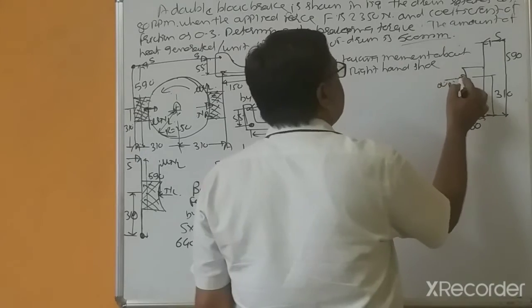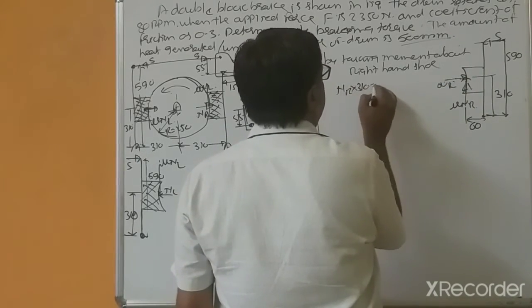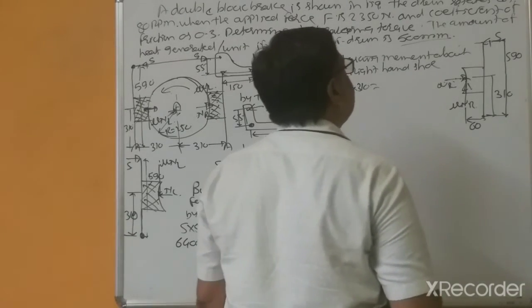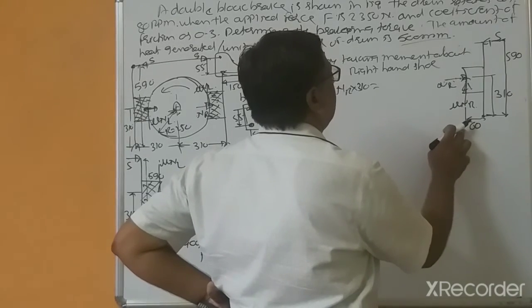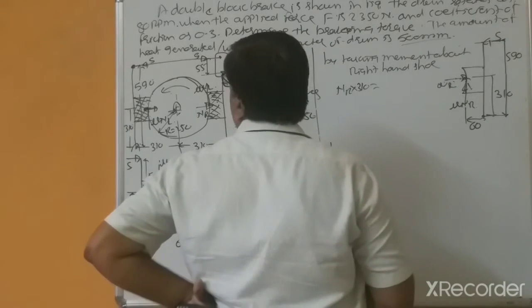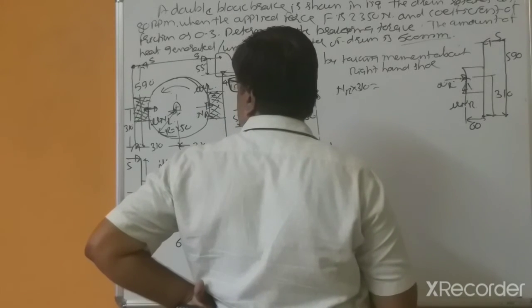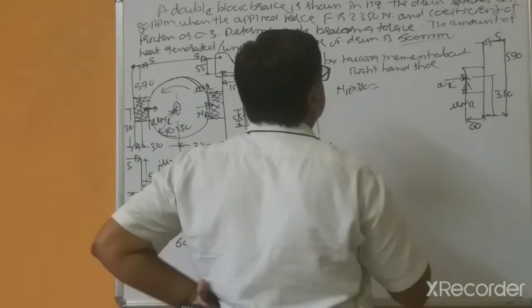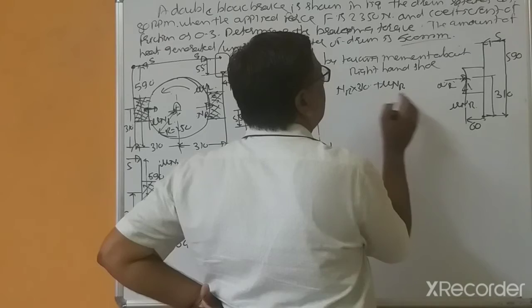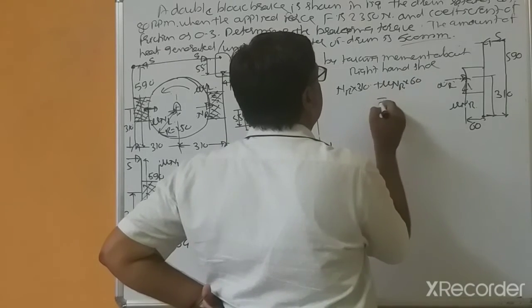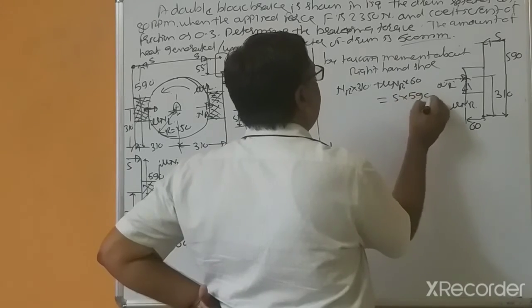So this is clockwise, mu NR into 310 equal to S, this is also clockwise, plus mu NR into 60 equal to S into 590.